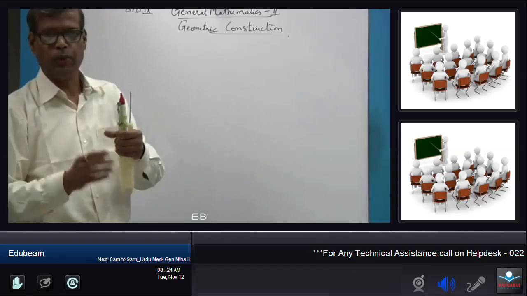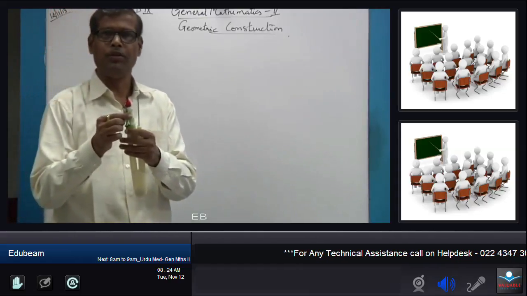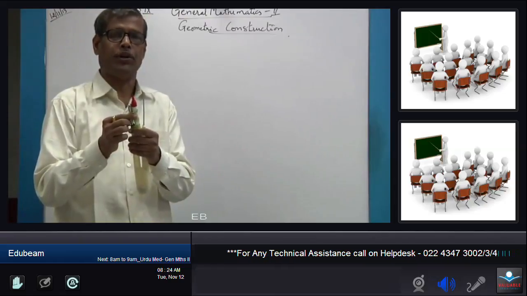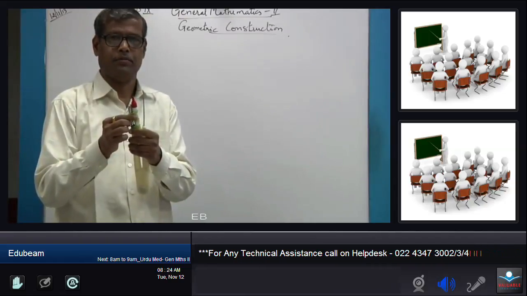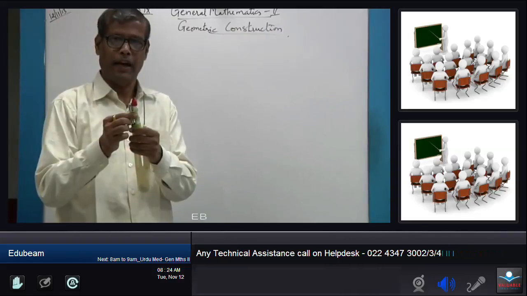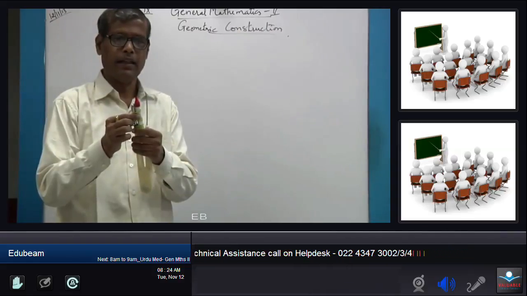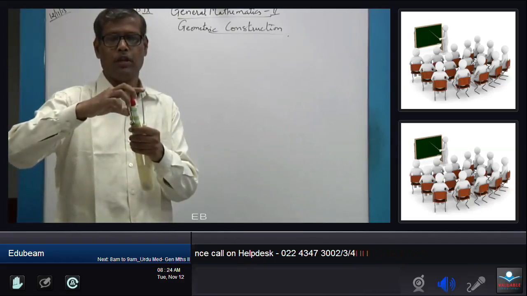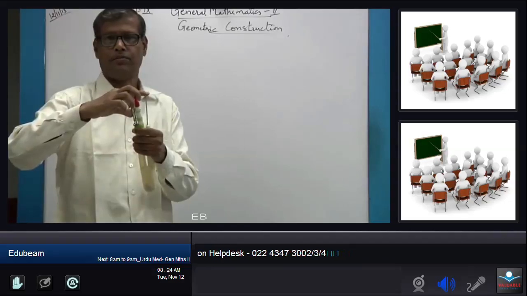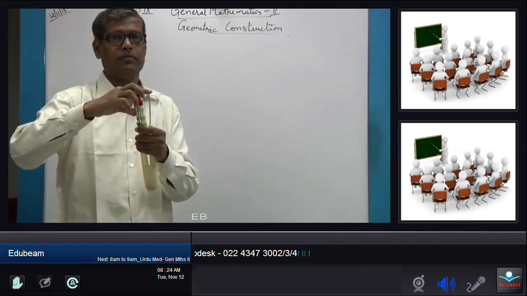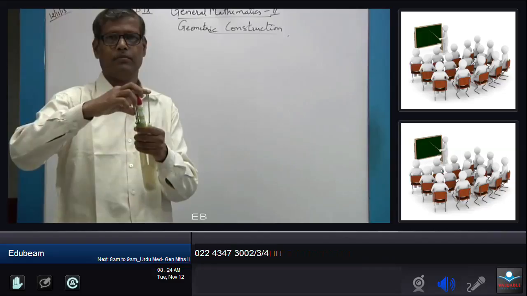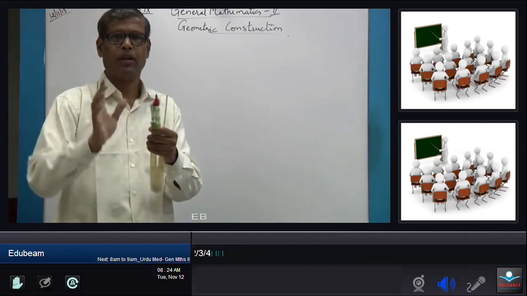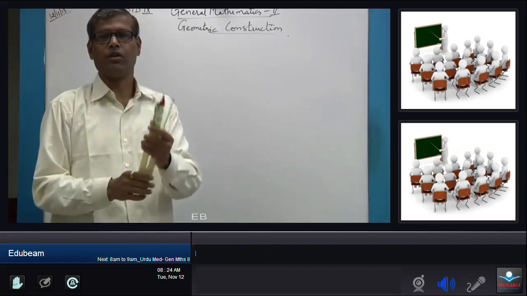One more is there. You have the 30, 60, 90 set square. So you have two set squares. One is 30, 60, 90, and the second one you require is 45, 45, 90.